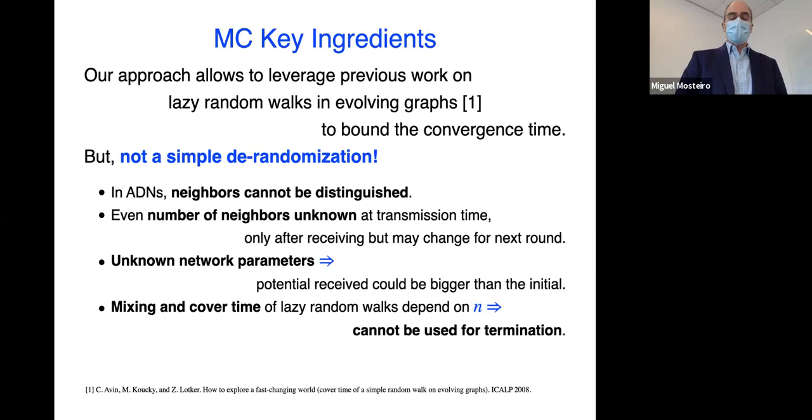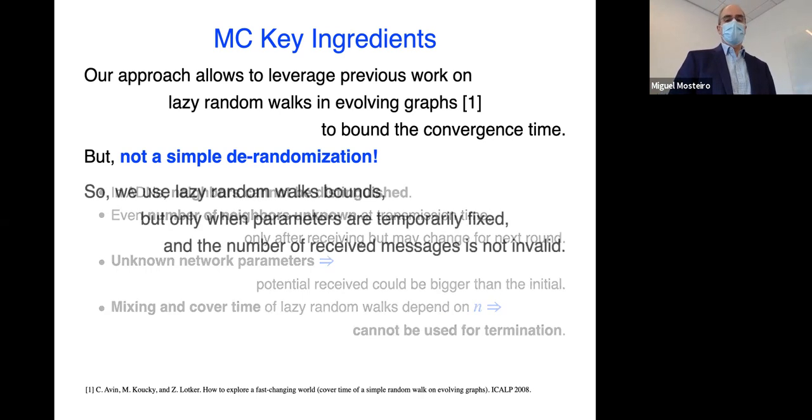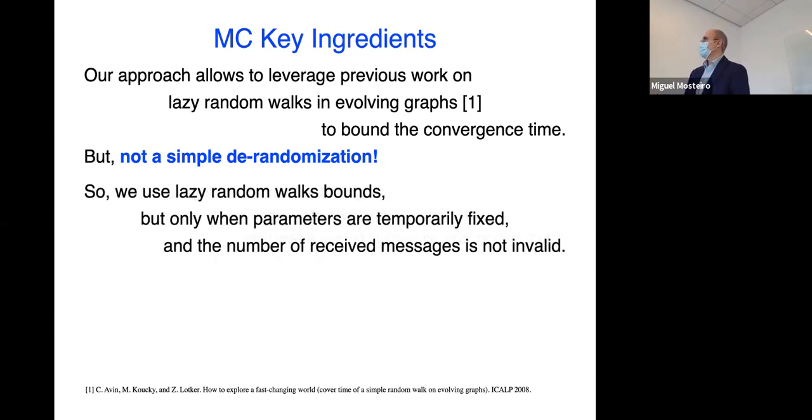And there are no parameters of the network known, and the mixing and cover time of lazy random walks depend on n, but n is not known, so it cannot be used for termination. It's not a straightforward application of the lazy random walks analysis. So we do use lazy random walk bounds, but only while the parameters are temporarily fixed, meaning the leader participates and we try some estimate of the network size.